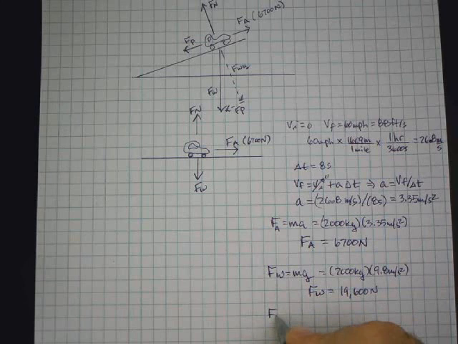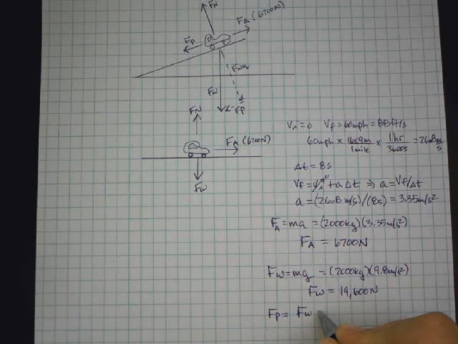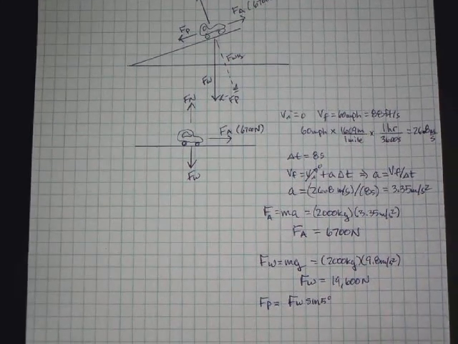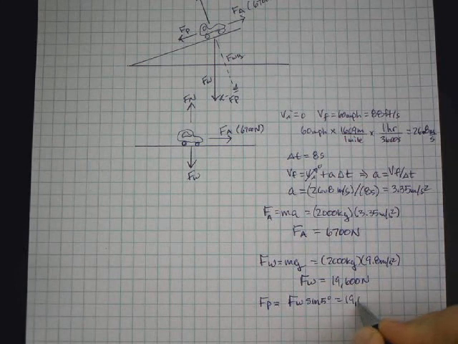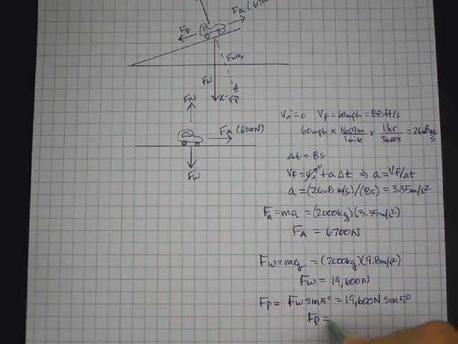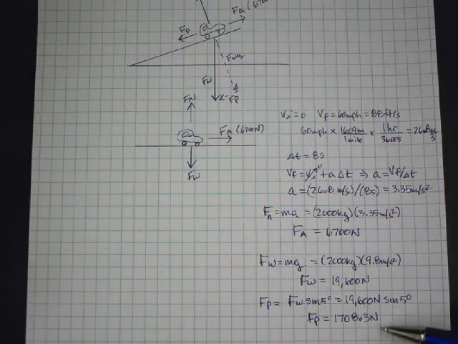My Fp will be Fw sine of 5 degrees. So 19,600 newtons times sine 5 degrees is going to equal 1708.3 newtons. So this is the component of the weight that wants to pull the car down the hill.